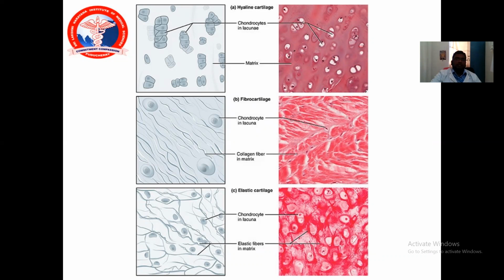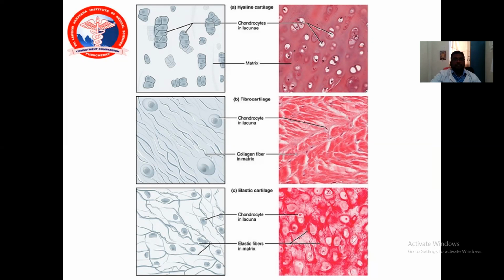Coming to the differentiation, how to differentiate a hyaline cartilage, a fibrocartilage, and an elastic cartilage. Chondrocytes are common in hyaline, fibrocartilage, and elastic cartilage. In the hyaline cartilage, you won't be able to see the fibers, but fibers are present. Why can't you see them?